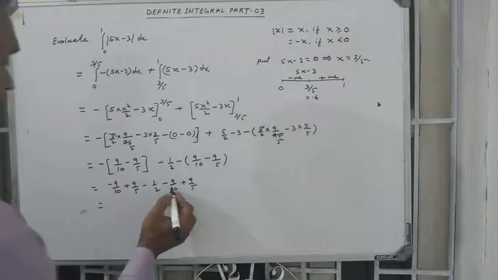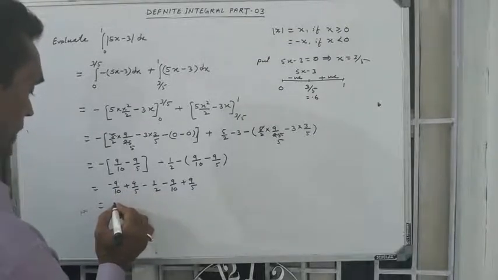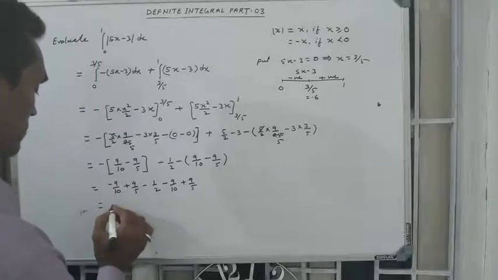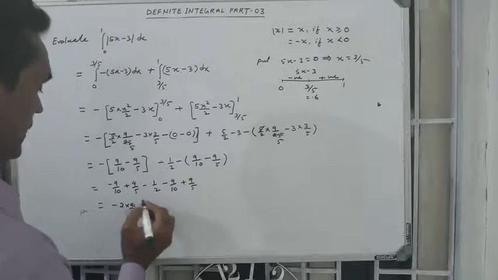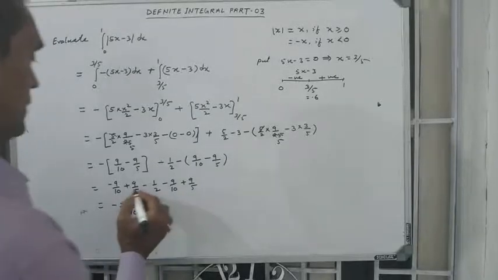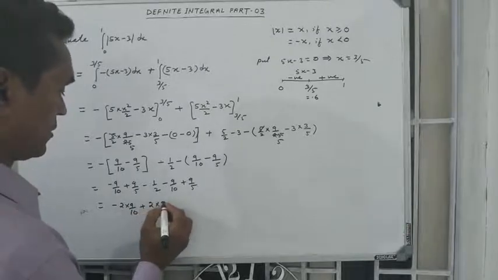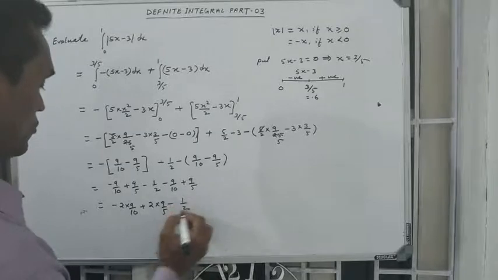So 2 into minus 9 by 10, and here 2 into 9 by 5 minus 1 by 2.